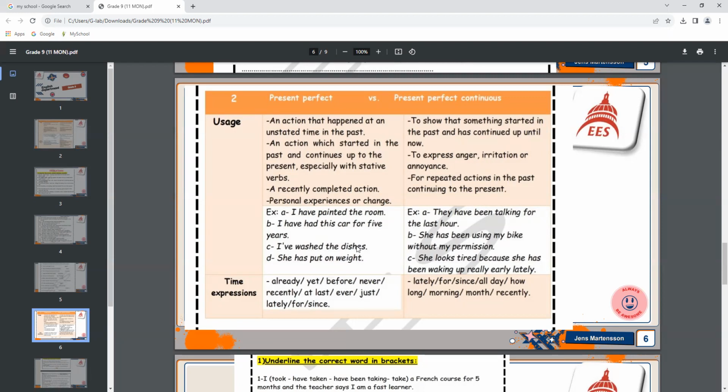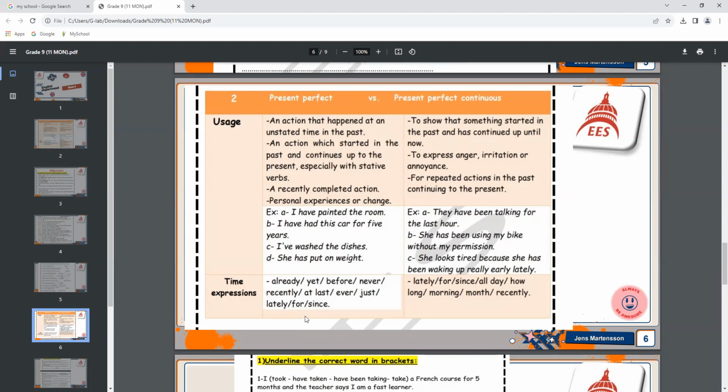The same usage. He finished the action. Okay, we have some time expressions like already. I can use it for an action that happened in the past. Like I have already watched that film.